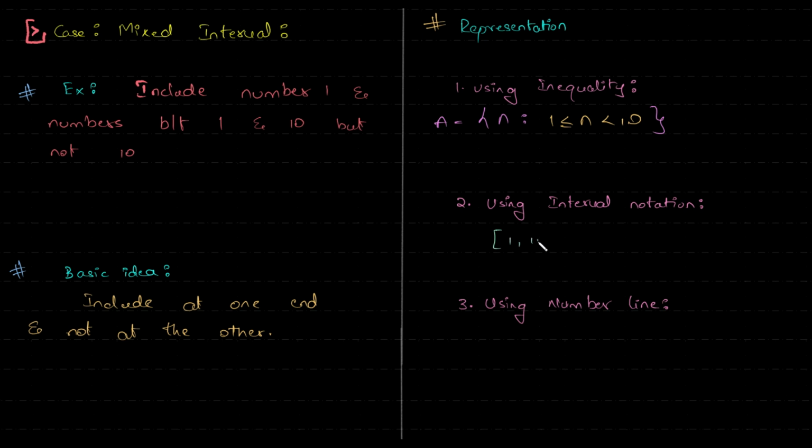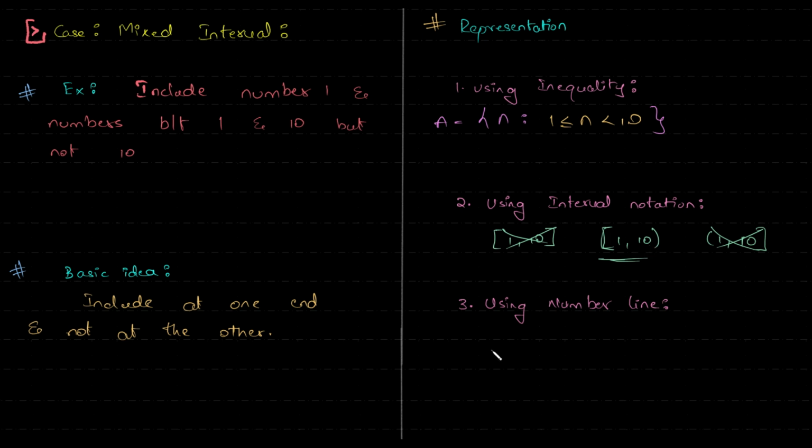Which is correct? Yes, the second one is correct. Reason being, the square bracket talks about being included, and the small bracket tells that this number is excluded.